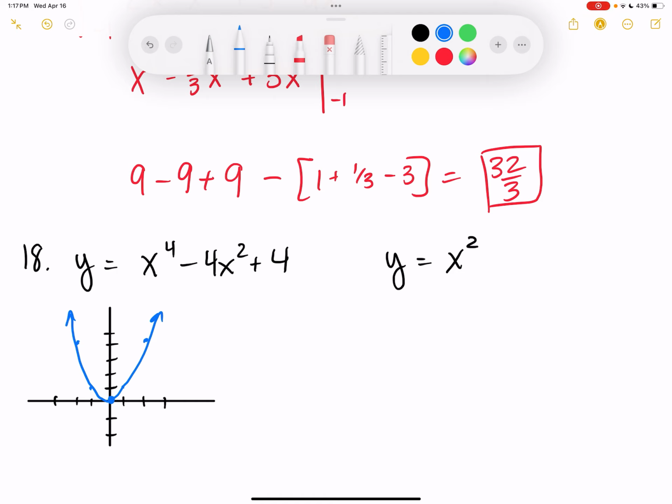All right, now at 0, this other one would be 4. At 1, it would be 1.